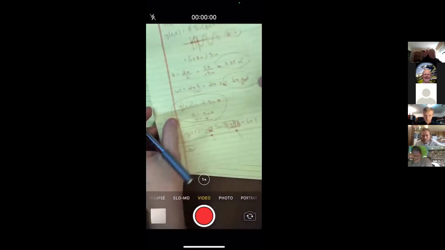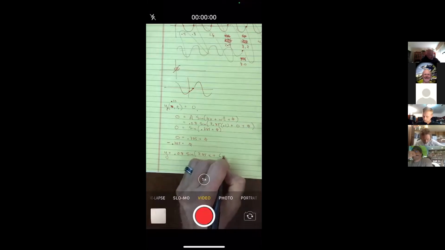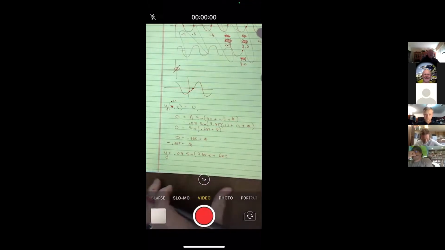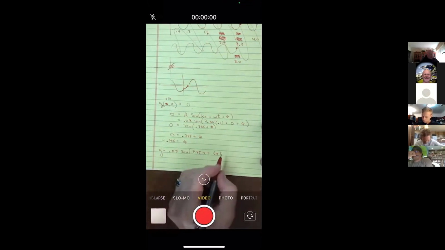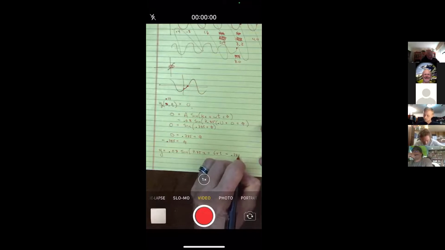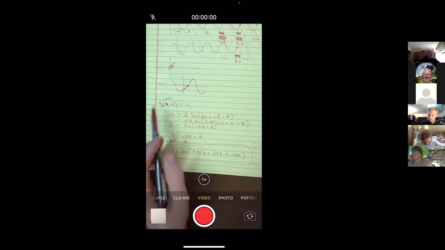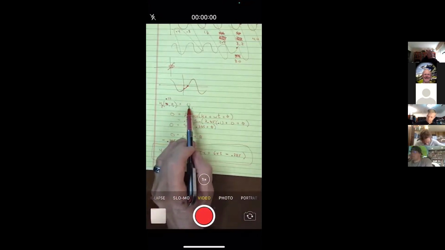What was that omega? 6 pi. So it'd be 6 pi t. And then what's new here is a different phase. And so it would be minus 0.785 for the phase to meet the condition that they said. That is, have the string at position 0 when time is 0 and position is 0.1.